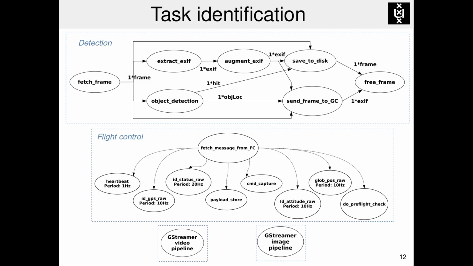The second one is not the brick of the system for the flight control, but it's the part of the software on the search and rescue brick that will handle the Mavlink messages received from the flight control part of the overall system. And then we have 2 GStreamer pipelines that will receive the images and videos from the third part of the system, which is the capture image.